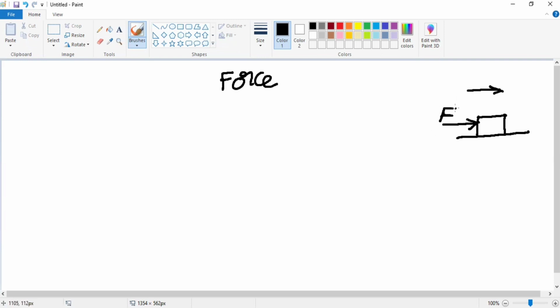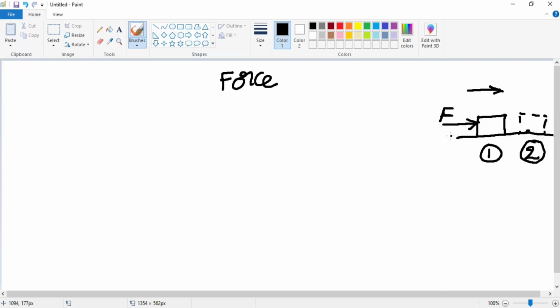Force is nothing but the property which can be used to change the position of the body. Initially, the body is in this position. After applying the force, the body can be moved from the first initial position to the final position, that is the second position.